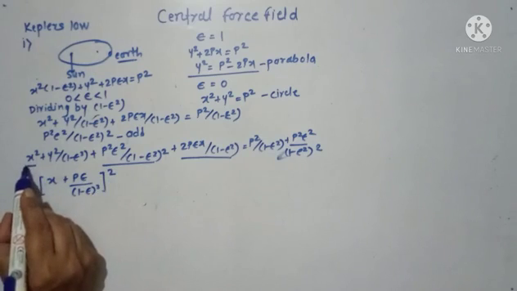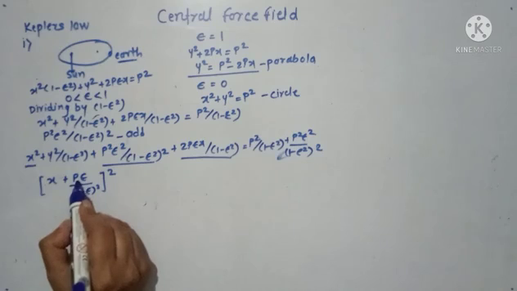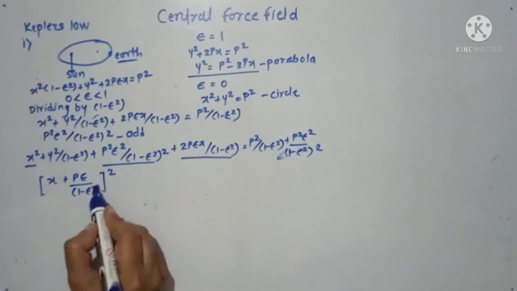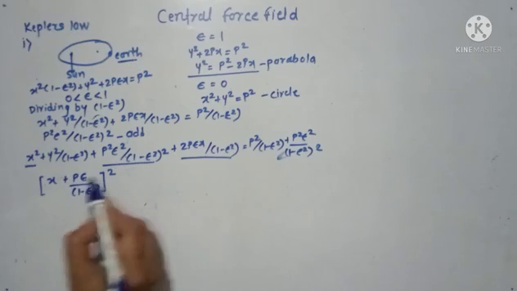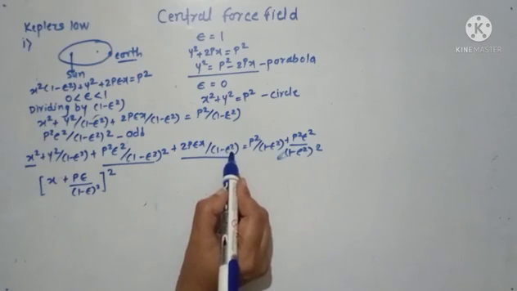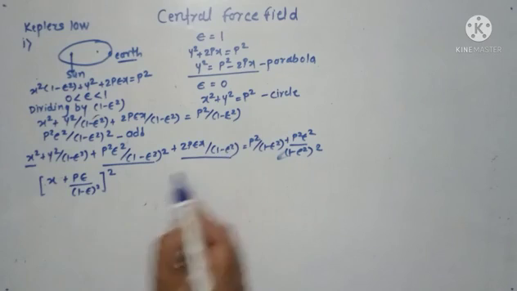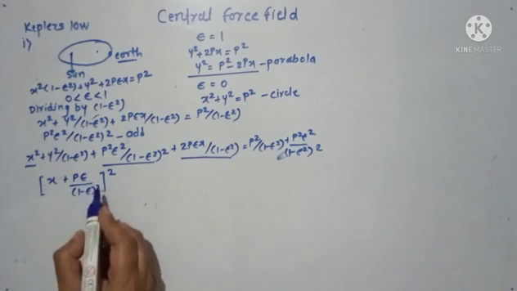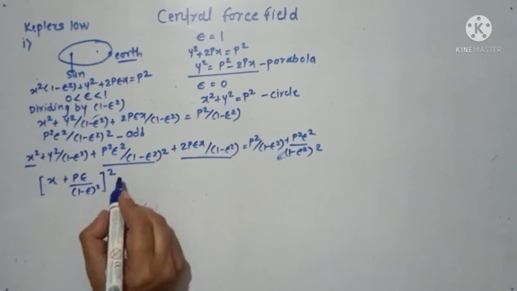So this is x² plus p²ε²/(1 − ε²)² plus 2pεx/(1 − ε²). This is nothing but the expansion of (a + b)². So what are the remaining terms over here?